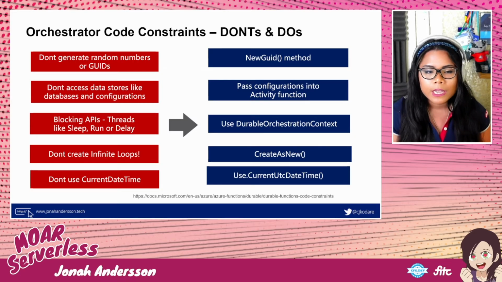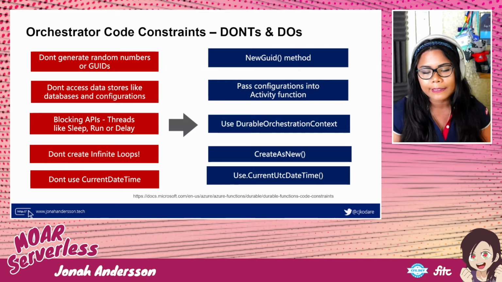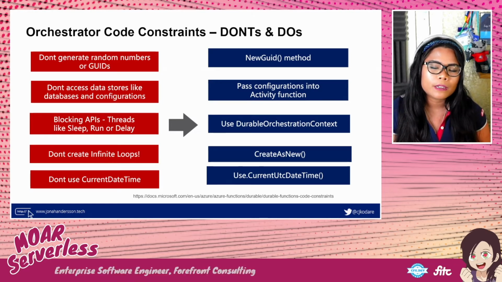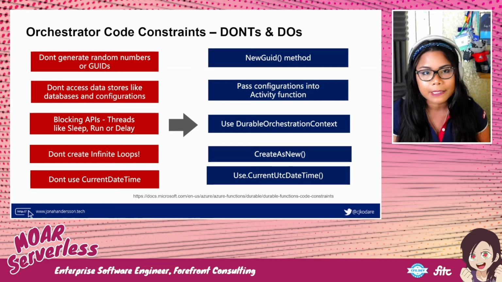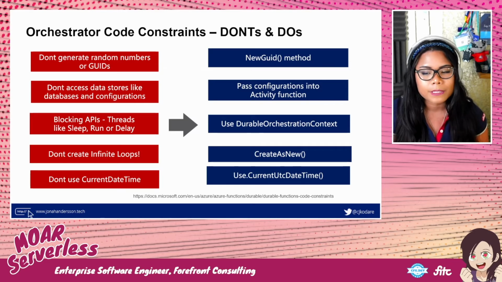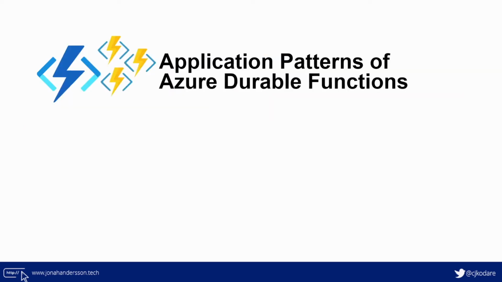And if you really need to repeat the process, don't use a loop in the orchestrator, but you can use the context method, continue as new. This syntax can differ language per language. So those are the constraints. If you want to check the details, the rest of that, you can find it on Microsoft Docs or the link on this presentation.